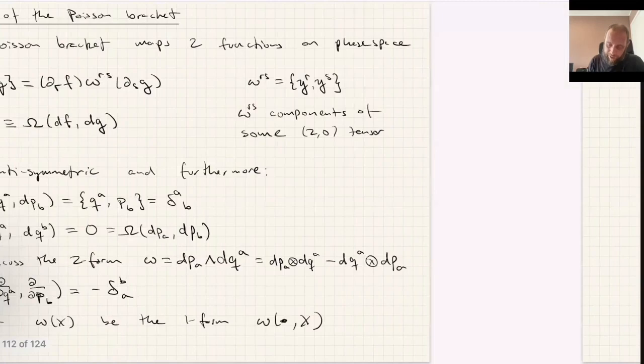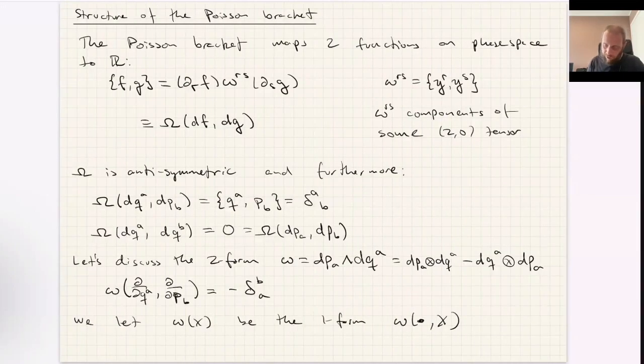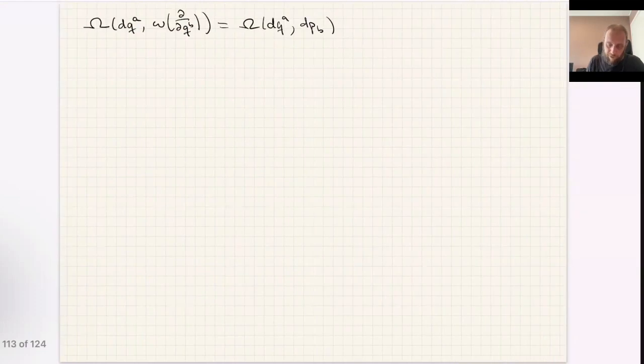Because if I plug in dQB in the second argument here, this is the term that survives, and that has then the dPB. That's what comes out. But we know that this is delta AB, right?